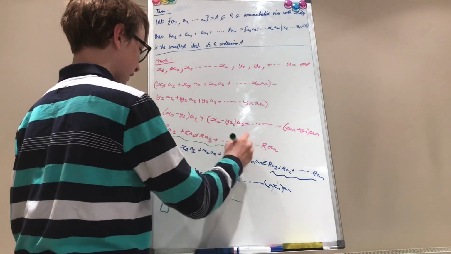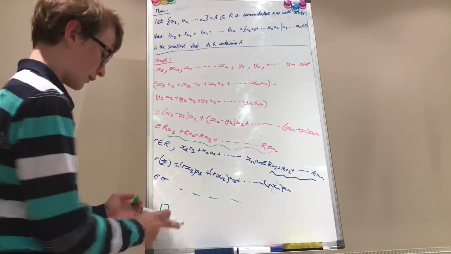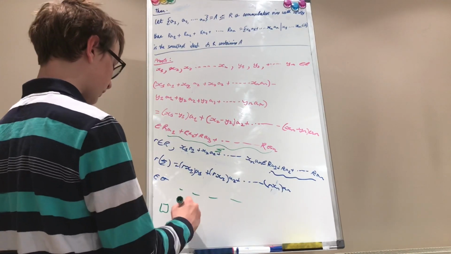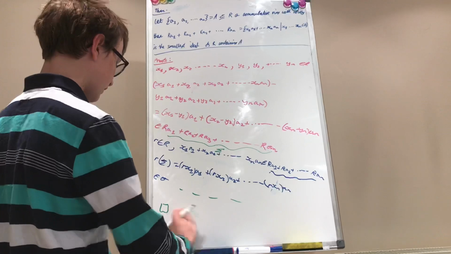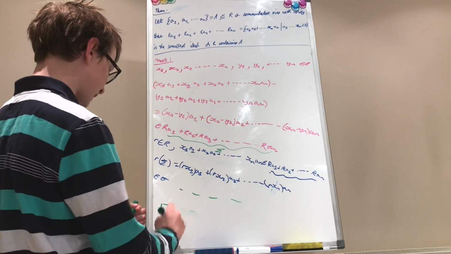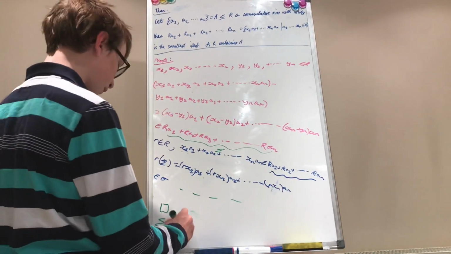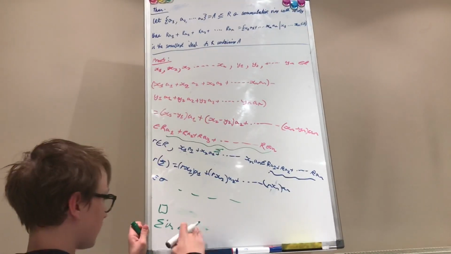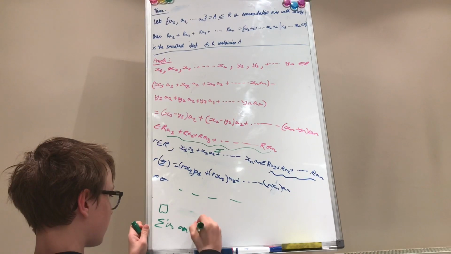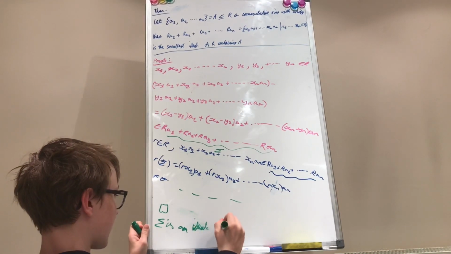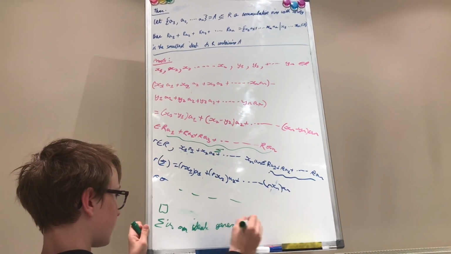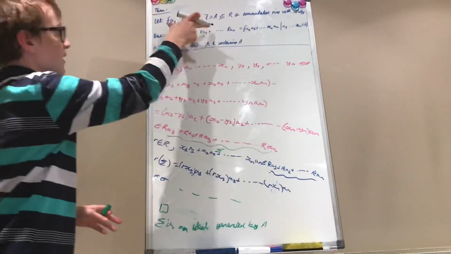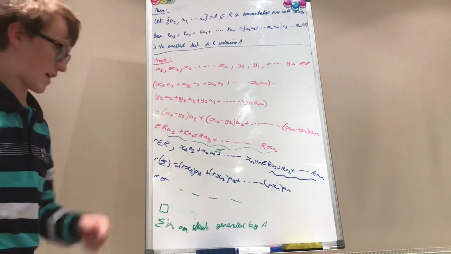If we call this right here sigma, well, by definition, sigma is an ideal generated by A, which is A1, A2, A3, all the way up until AN.